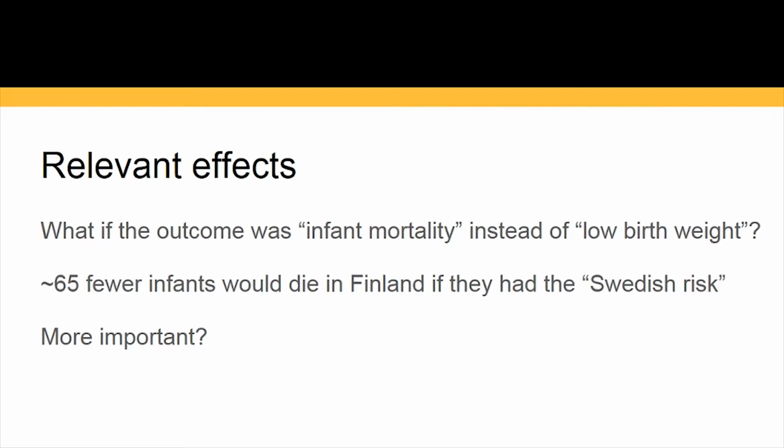I would say yes. Death is a much more serious outcome than low birth weight, right? Would it be more trustworthy? Again, I would say yes. For example, death is impossible to round down, right? The child died or it didn't die.